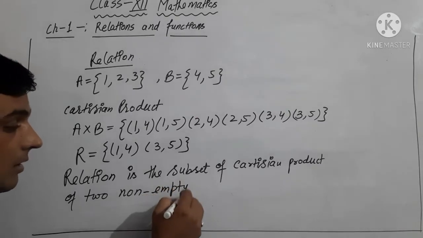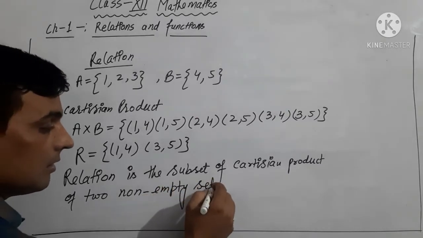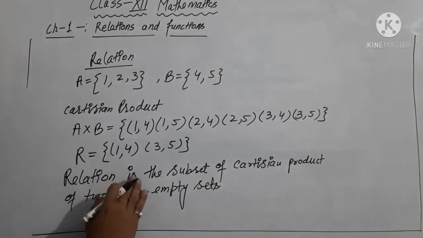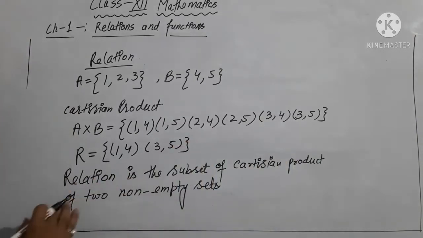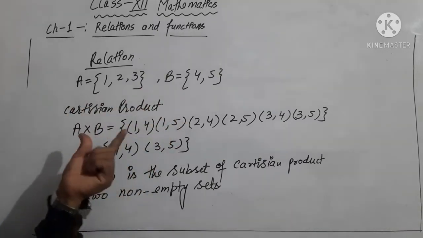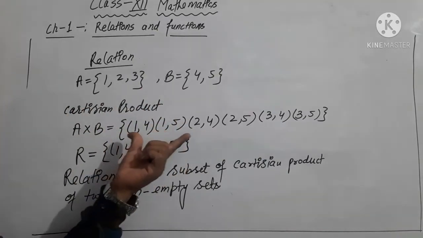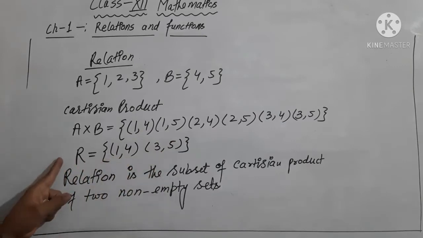Sets should be non-empty. Relation is the subset of Cartesian product of two non-empty sets. Sets should be non-empty. Then a subset of their Cartesian product will be the relation, and it is denoted by a capital letter. Is it clear to everyone?